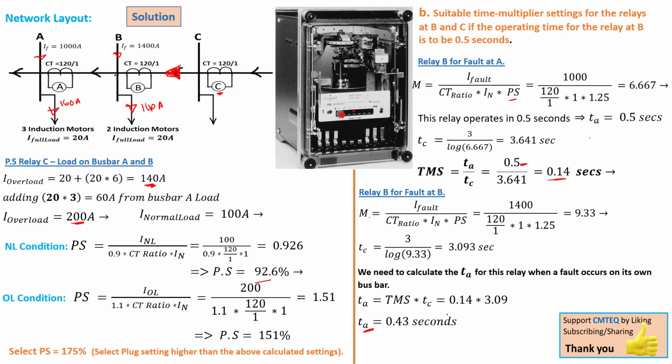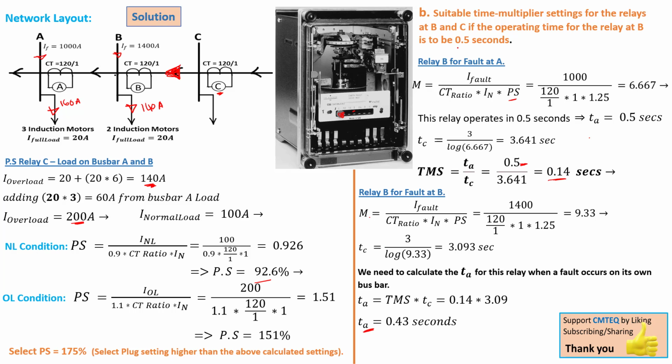So now we can move on and calculate the TMS and the actual time for the relay on bus bar C. So that is relay C. It is important that you remember that this relay C here is basically the in-feed relay, which means you have to take account of the grading margins.